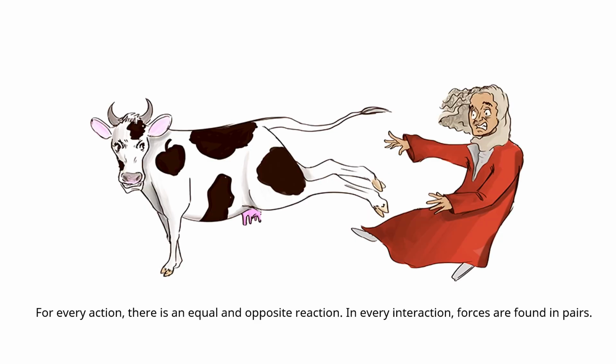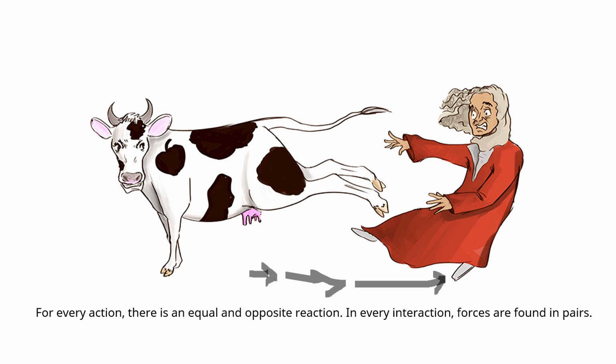And the third law. Newton kicked the cow for a third and final time. But this time, the cow kicked Newton back with an equal and opposite force, and then kicked him with the other leg to remind you that in every interaction, forces are found in pairs.